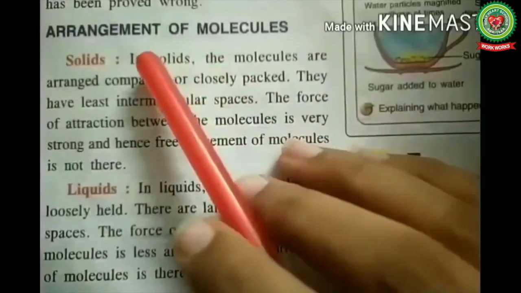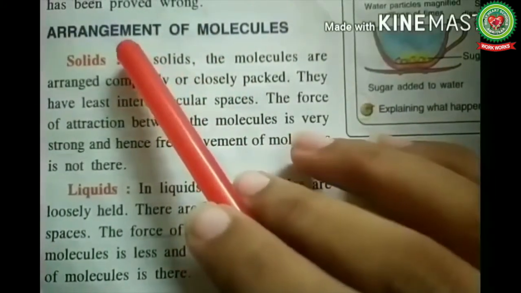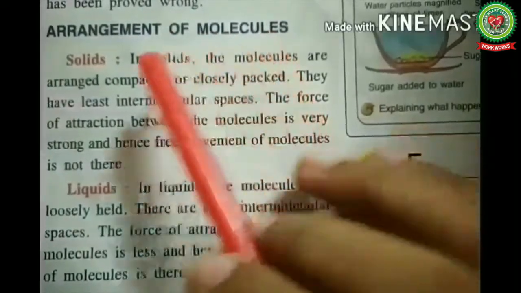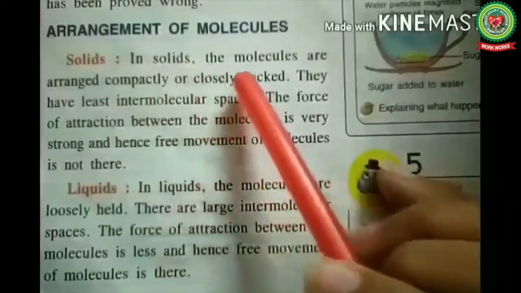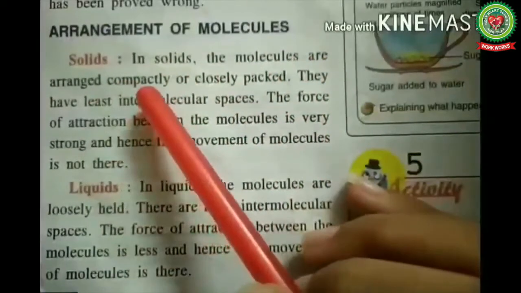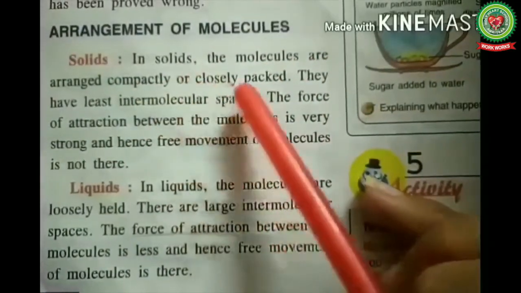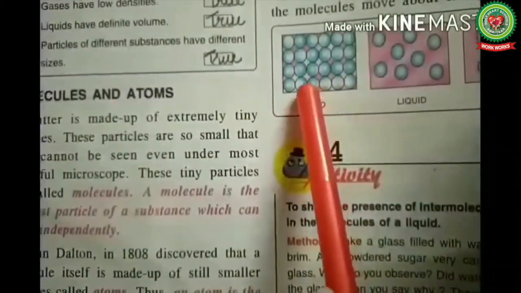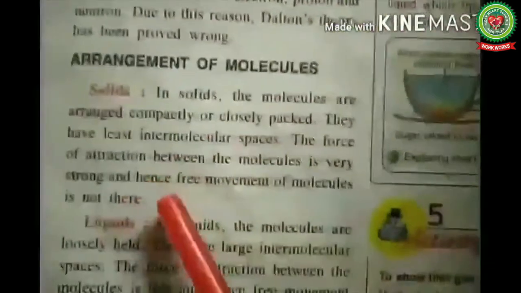Let's read the topic from the book. Open page number 30. Arrangement of molecules. Solids. In solids, the molecules are arranged compactly or closely packed. As you can see in this figure, the molecules are closely packed.